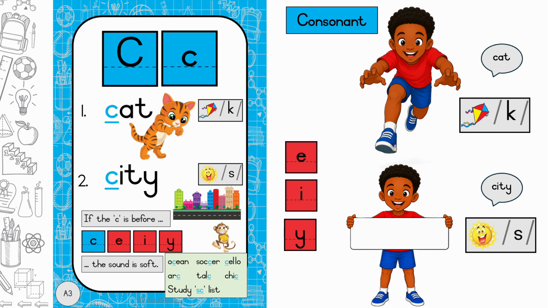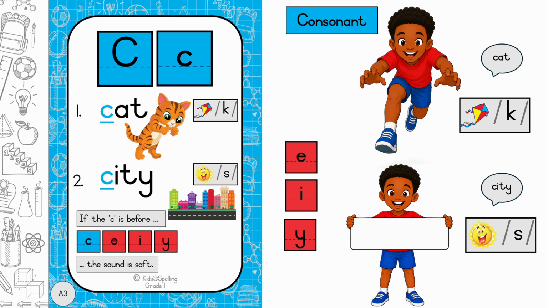There is also a list of SC words, words where you need to use the C and S together to write this sound. They are all set out in our spelling book. You can find the list there and study it, but this is for higher grades. For grade 1, we only need to focus on the difference between the K and the S sound.